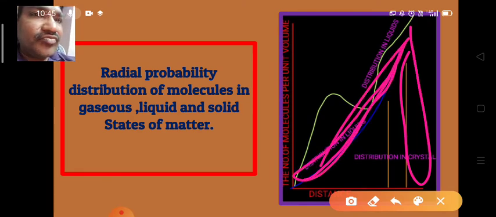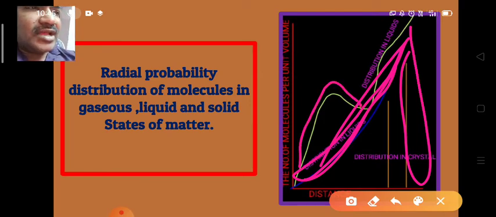That means within the given specific distance, the number of molecules is very less. So we can say that there is no particular order in the arrangement of these molecules, because long distances are there. And in the liquids we observe some maxima and some minima.